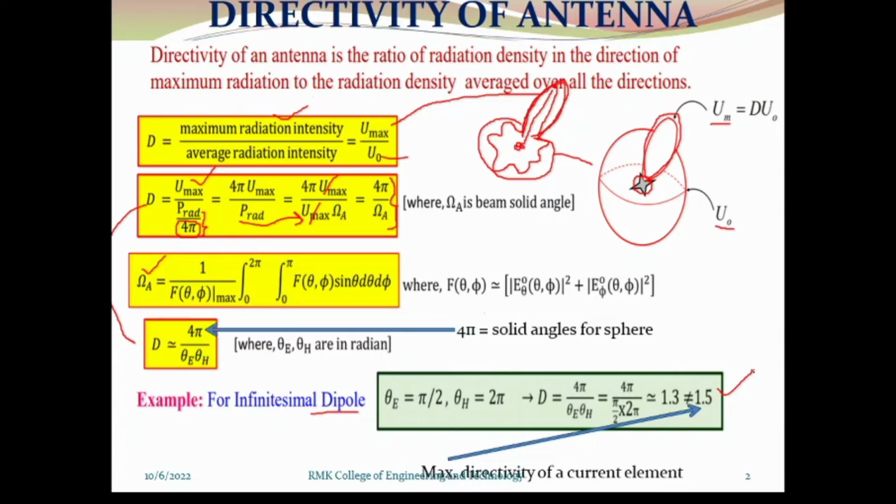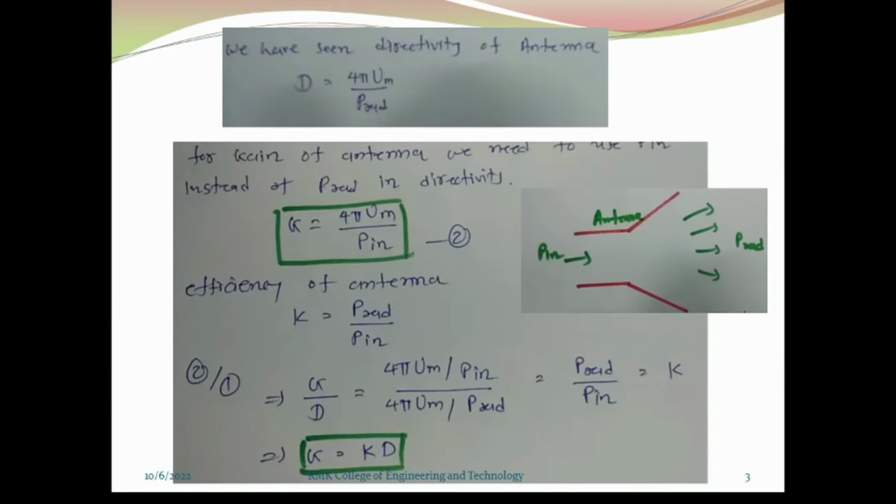That is the maximum directivity of a current element, 1.5. It is a derived value. Here they have taken directivity equal to 4 pi by theta E into theta H, where theta E is equal to pi by 2 and theta H is equal to 2 pi. While taking these calculations, we get the answer 1.5. It is the maximum directivity of a dipole element, that is an infinitesimal dipole or a current element.